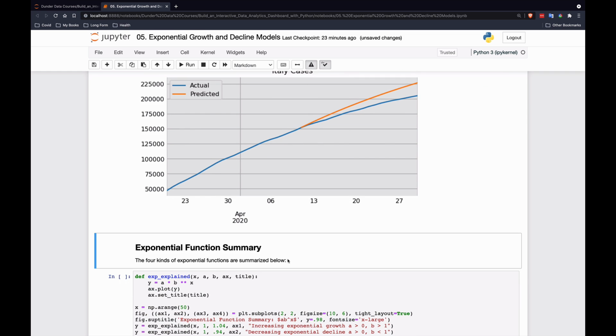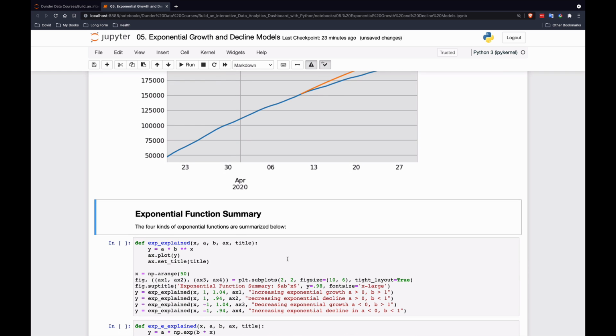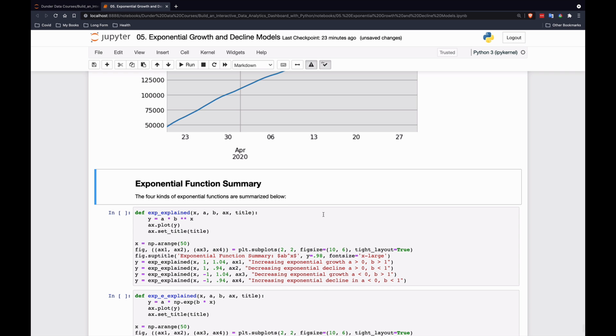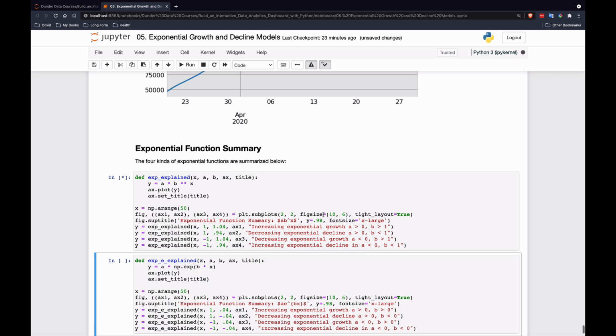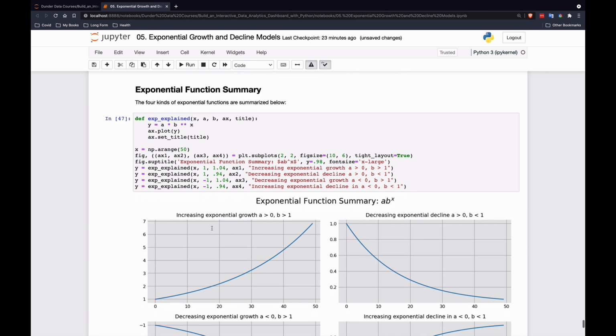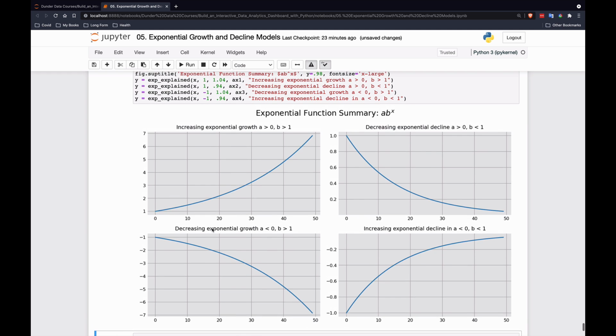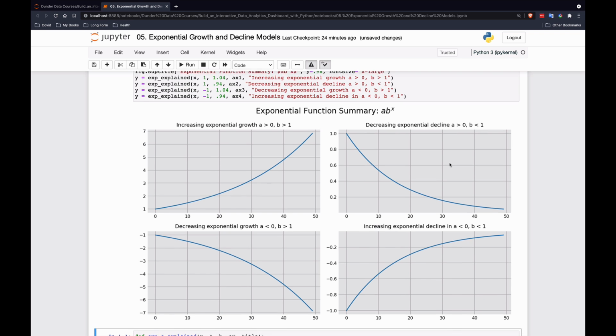Okay, so a little summary for all of the different variations of our exponential function. I'll just go over the simple formulation: A times B to the X. Increasing exponential growth looks like this, when A is greater than 0 and B is greater than 1. We have decreasing exponential decline. That's when A is greater than 0, but B is less than 1.